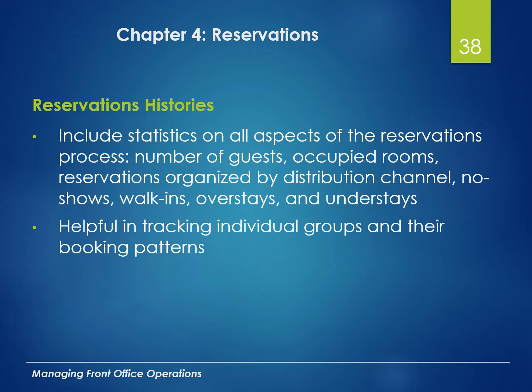We also might want to identify how the reservations were made. Did we have a lot of reservations from third-party online travel agencies? Did we have people booking direct? And so all of that is important information for us to track how we are booking our rooms.